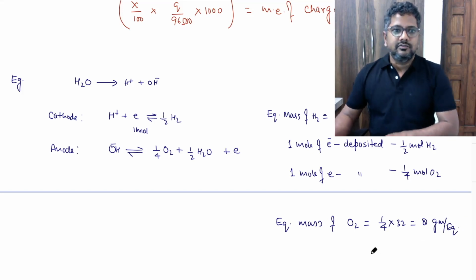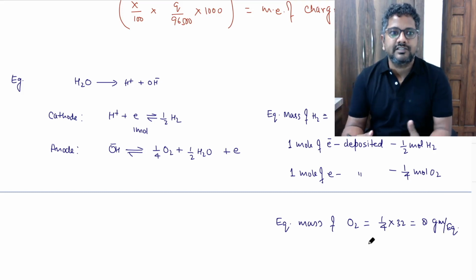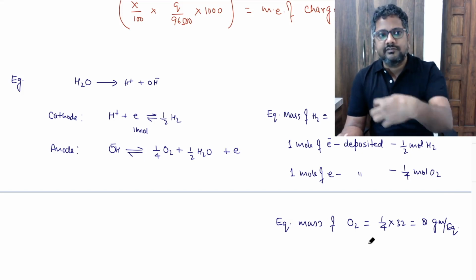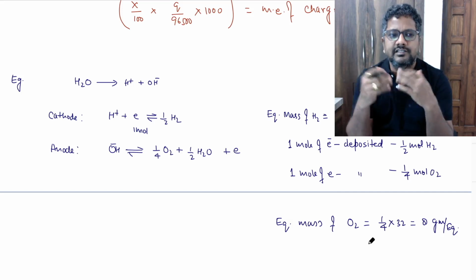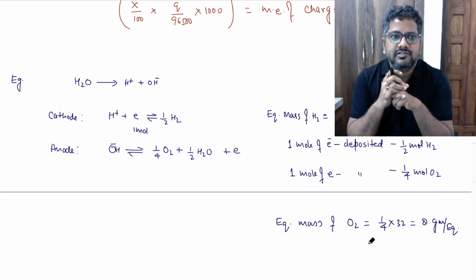Right? So from here, basically, the concept of equivalent mass and chemical equivalence arises. So if you see, each and everything whatsoever we are calculating in chemical calculations, milliequivalents, equivalents, everything is related to the 1 mole of electrons.